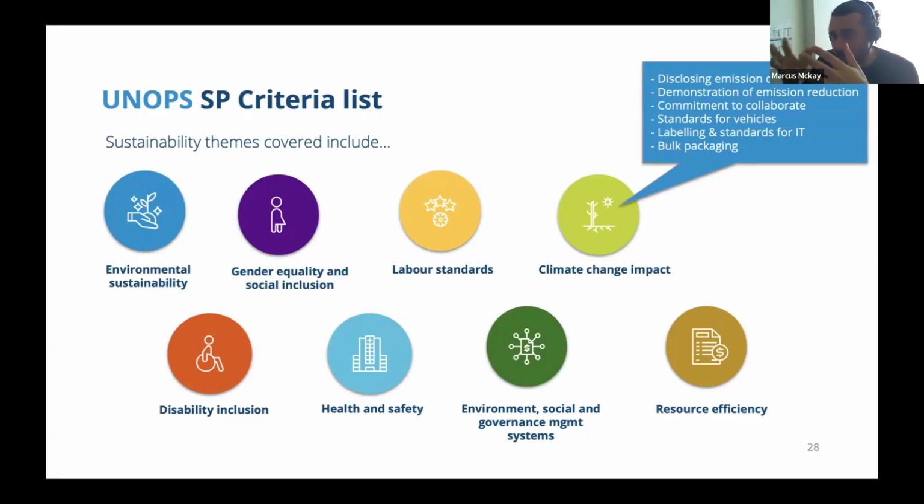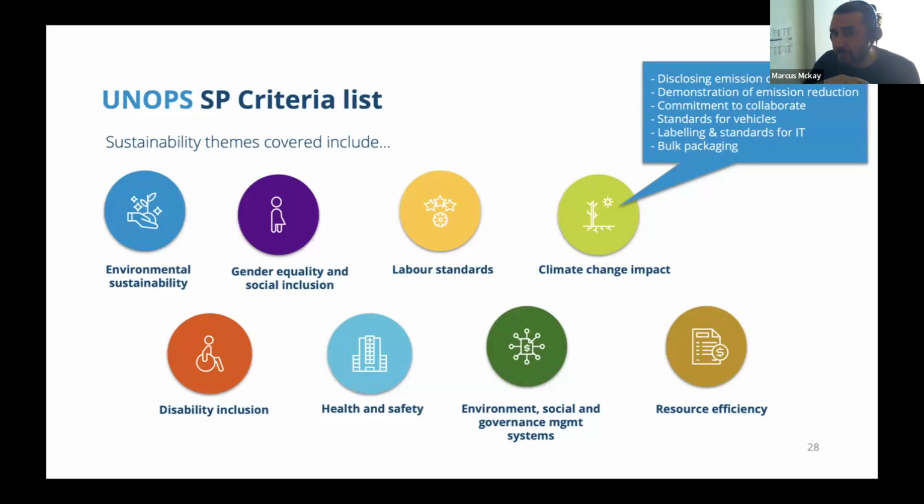We also have different criteria depending on the maturity of the market, which can start focusing on the demonstration of their climate activities. This is also largely used on more mature categories. And then we also have the ability to build into our tenders a commitment to collaborate. And I'll talk about how we use this as an example in Argentina a little bit shortly.